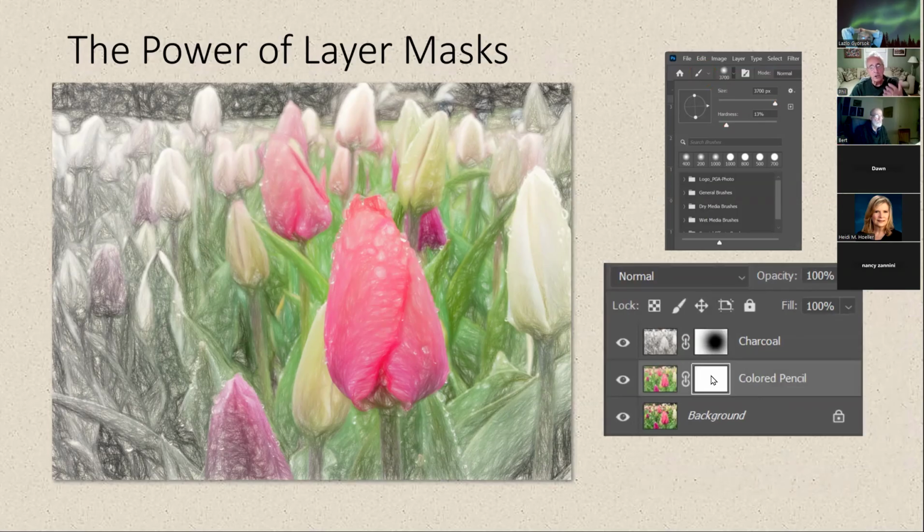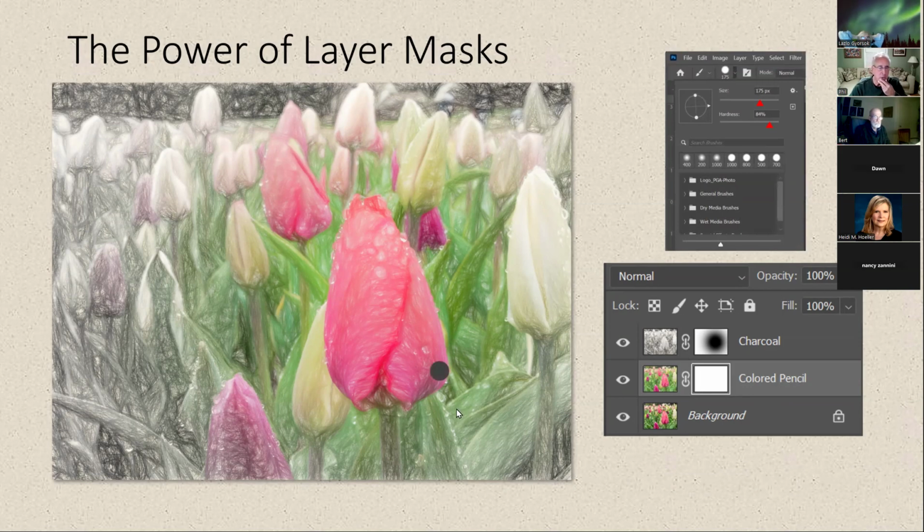We're going to put another layer mask on the colored pencil because we now want to be able to look down through that and try and pick out the nice tulip in the foreground. So for this, we're going to pick a different size brush, right? It's going to be a little smaller, a little harder.